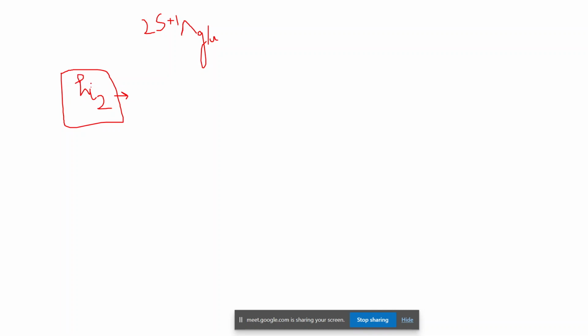Lithium 2. So basically there are two lithium atoms, right?